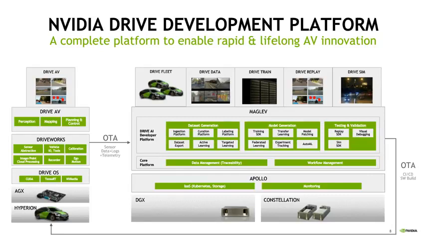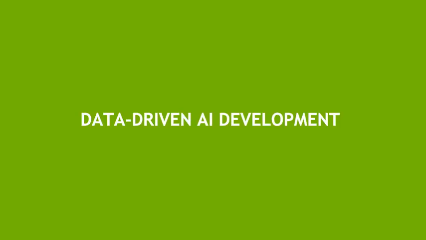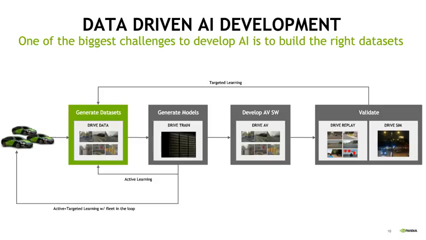All right, so what I'd like to do next is spend a little bit of time on the types of high-level problems we have to solve to enable the creation of an AV. We're going to start with what we call data-driven AI development, which is largely focused on this first box in our pipeline. How do we create the best and the correct data sets to support AV development?